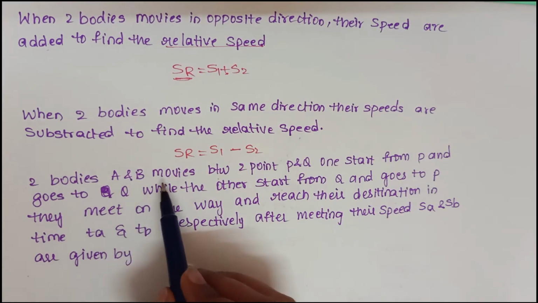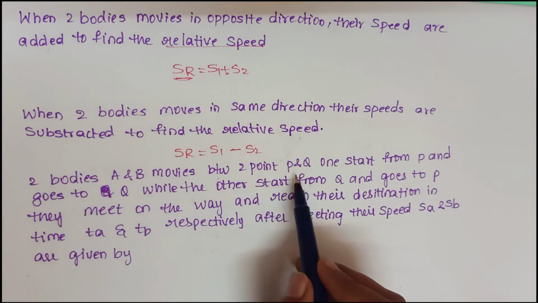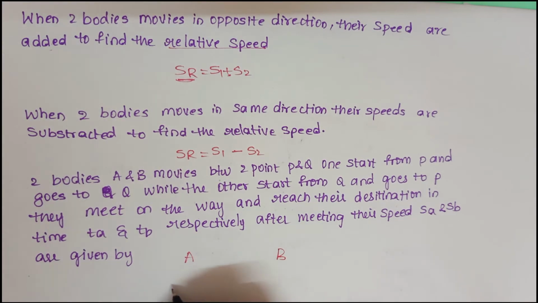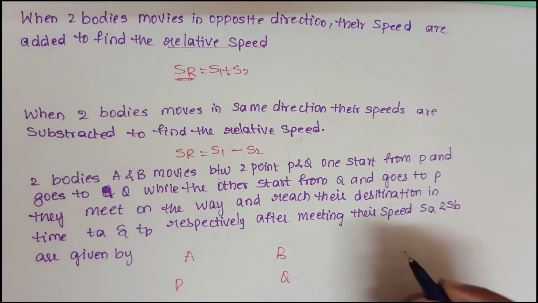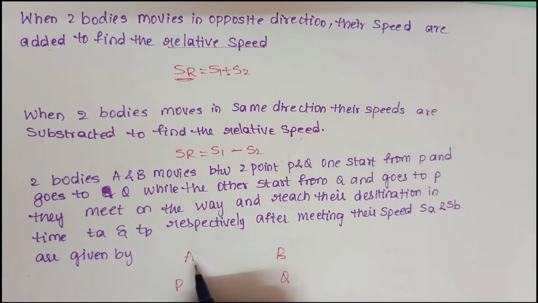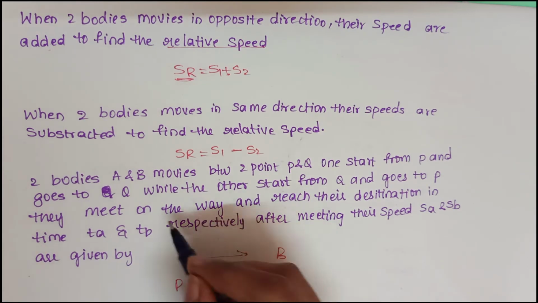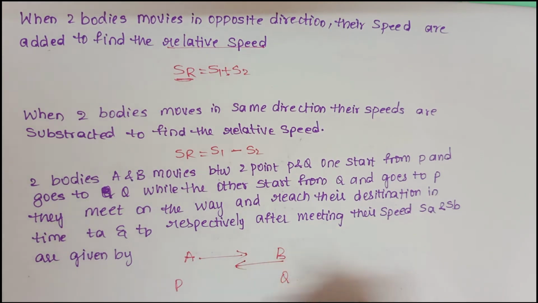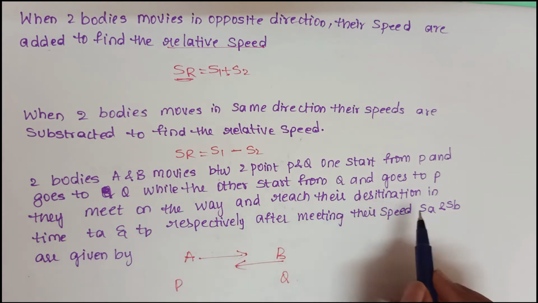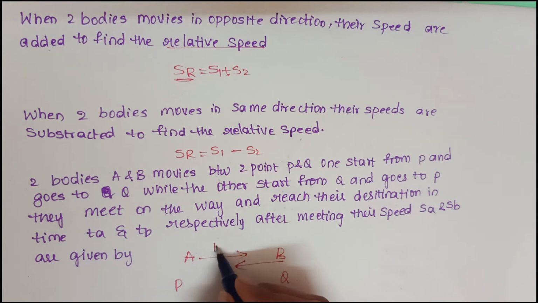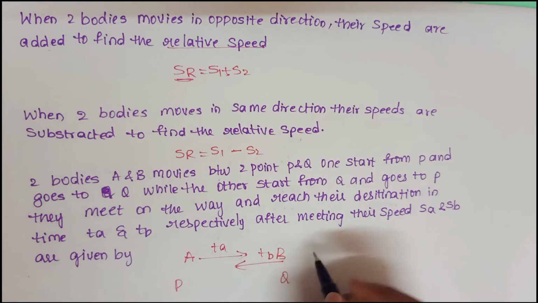Two bodies A and B move between 2 points P and Q. A started from P to Q, and the other, B, starts from Q to P, and on the way they meet, and they reach their destinations, and the times are TA and TB respectively.